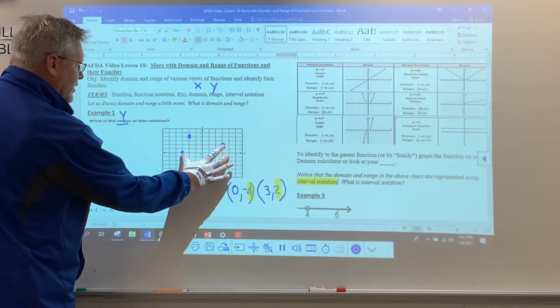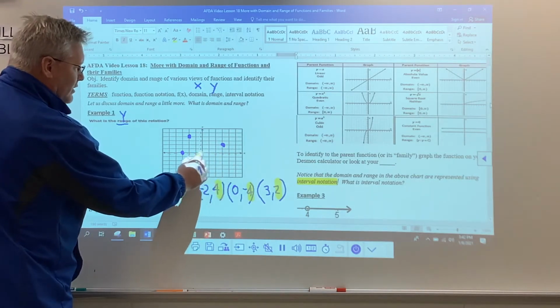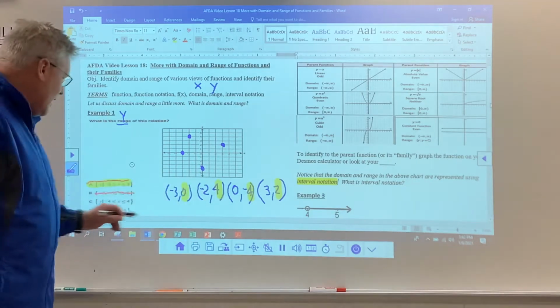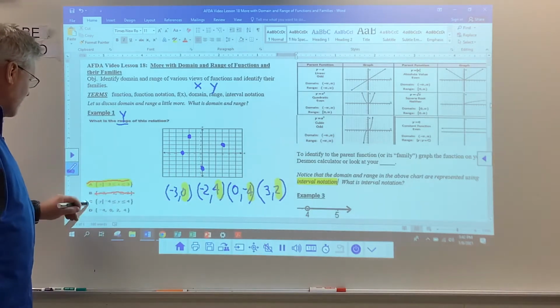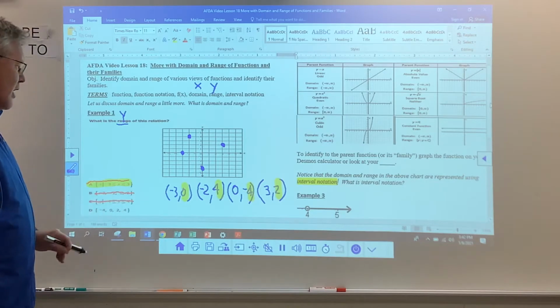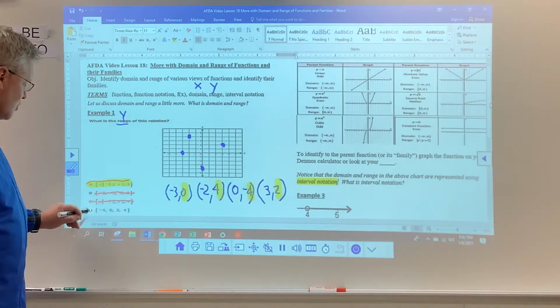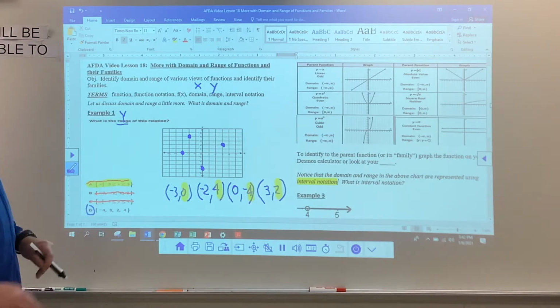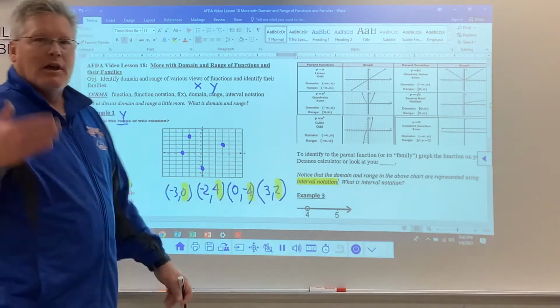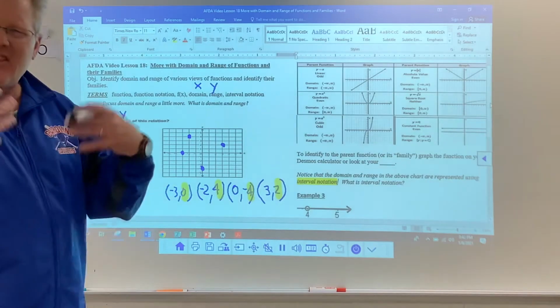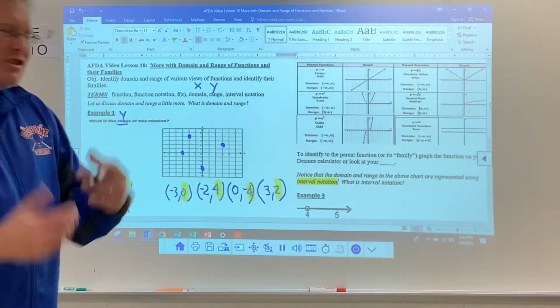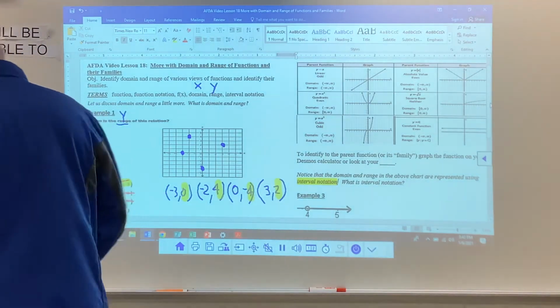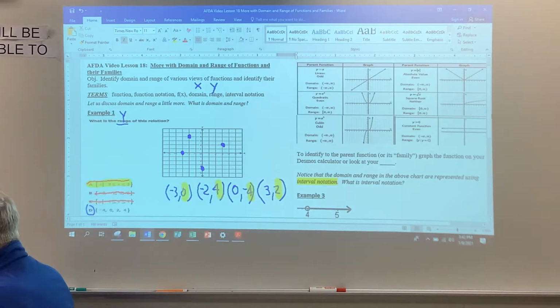Are all those values there? Well, there's some values that aren't included, so we're going to say that's not good. But notice that the order is different, but choice D is going to be our best choice to select on a problem like that. Again, a refresher that domain is, you got to think about x's, and range, you got to think about y's. Keep that in the back of your mind here as we progress through the lesson.